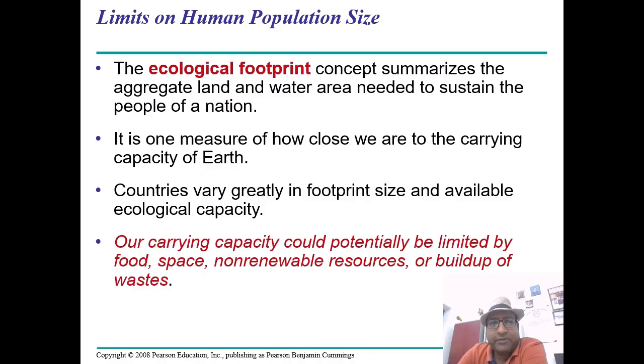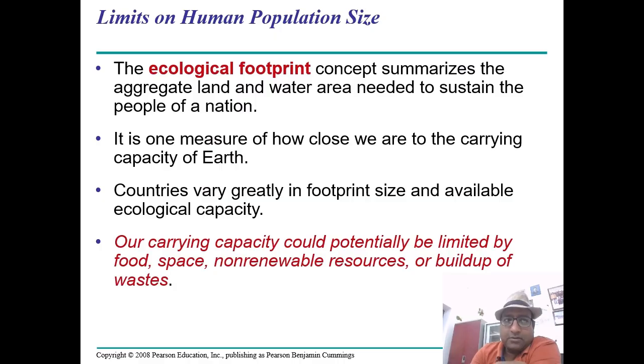So what will limit the size of the human population, how will it be controlled by the environment? What we call the ecological footprint means how much environmental resources we require to sustain our livelihood. Okay?